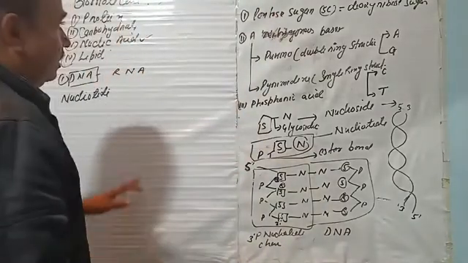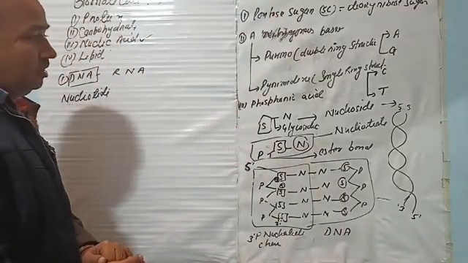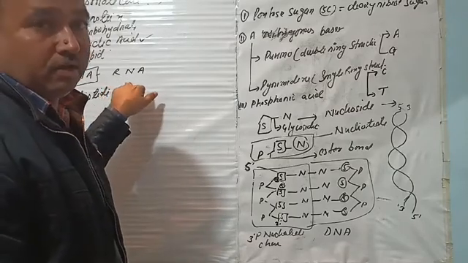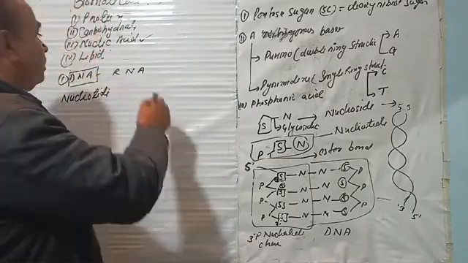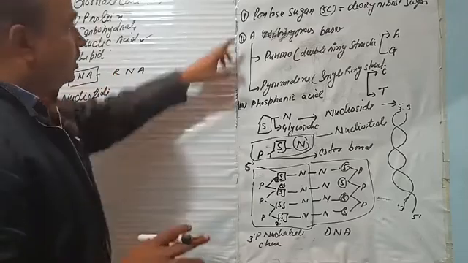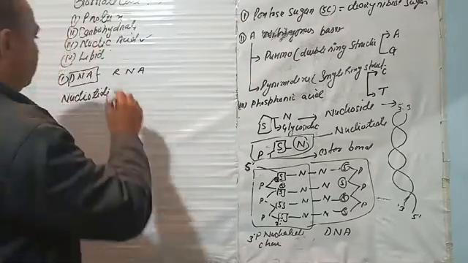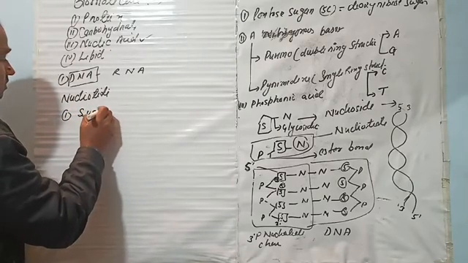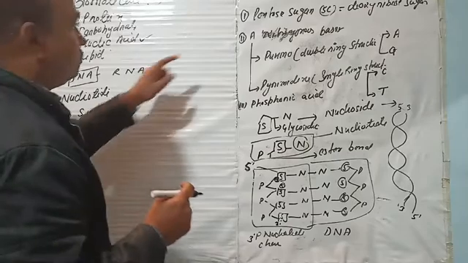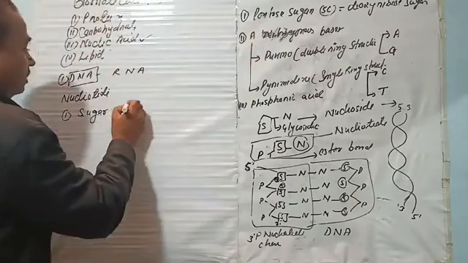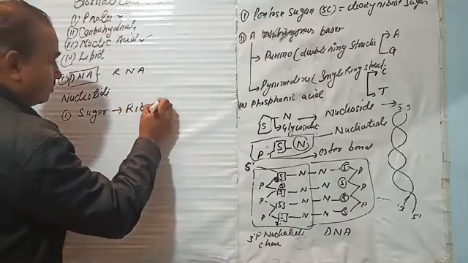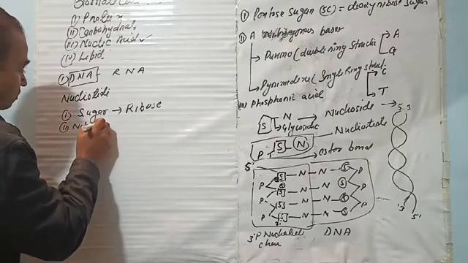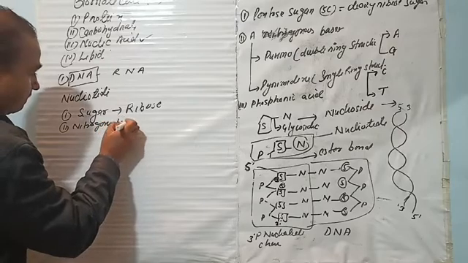Now we discuss the RNA. There is much similarity between DNA and RNA. RNA is also made up of 3 basic components. Here first is the sugar. In RNA the sugar is ribose. Second is the nitrogenous base.